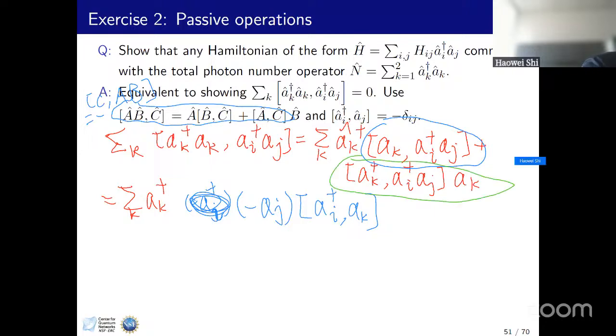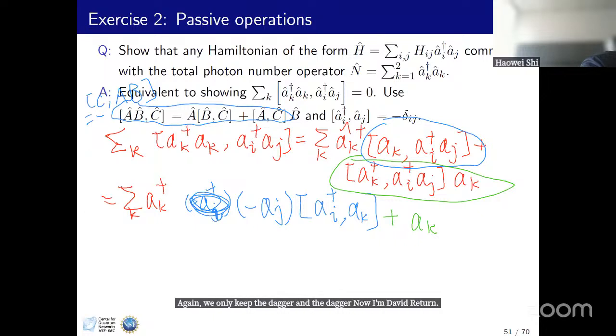Now let's consider this term. Again, we only keep the dagger and the non-dagger term in the notation.